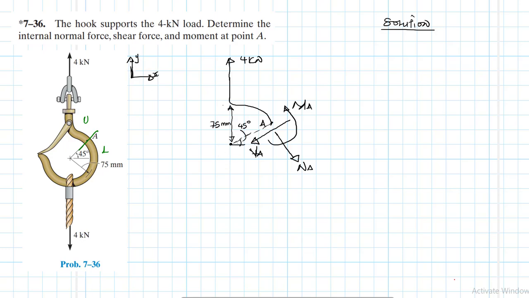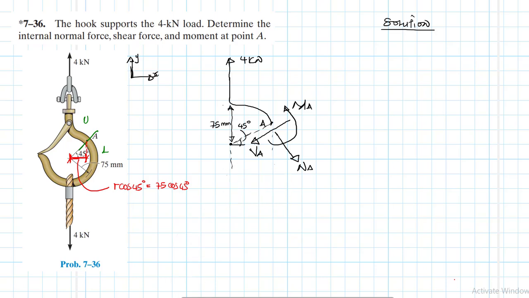But we need this for us to take moments about A. We need this distance from A. When we map out the radius on the horizontal direction from A, this distance here is R cos 45 degrees, which is basically equal to 75 millimeters cos 45.